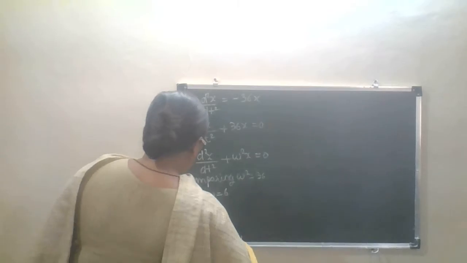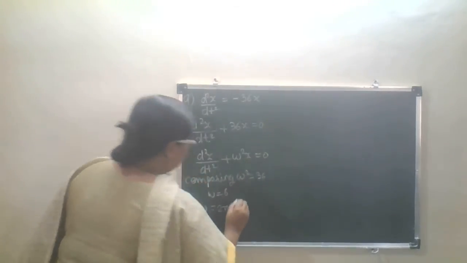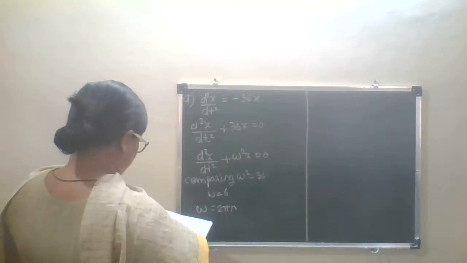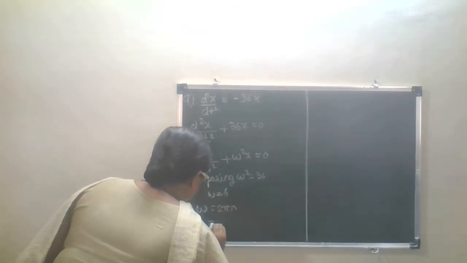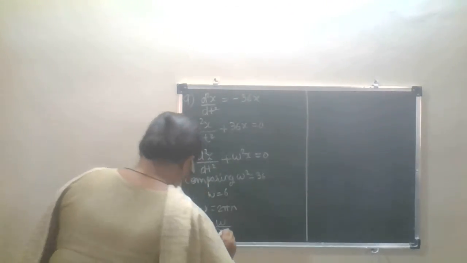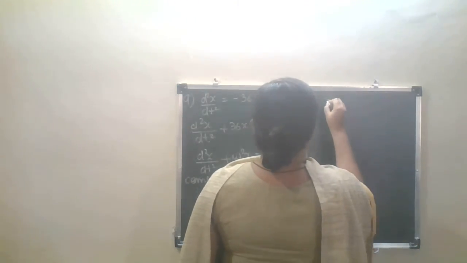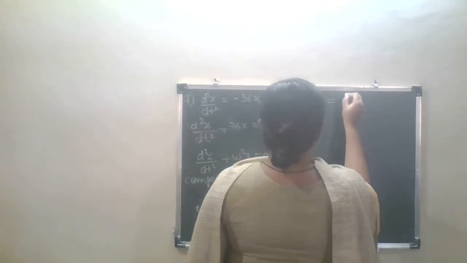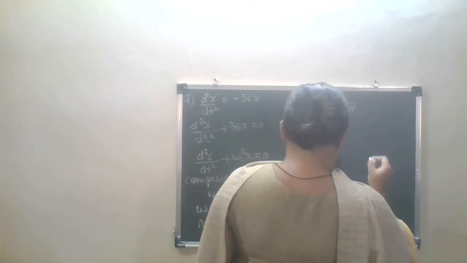Then omega is equal to 2 pi n, and n is equal to omega upon 2 pi, which is equal to 6 upon 2 pi.